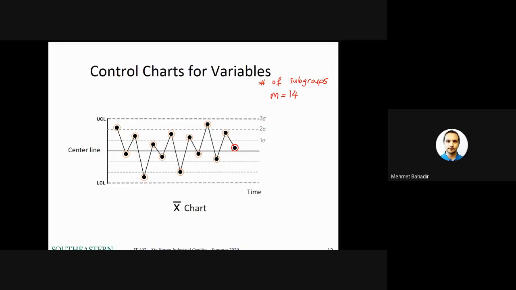If your subgroups have, let's say, 10 individual readings in them, then n is equal to 10. N is the sample size or subgroup size or number of individual readings.